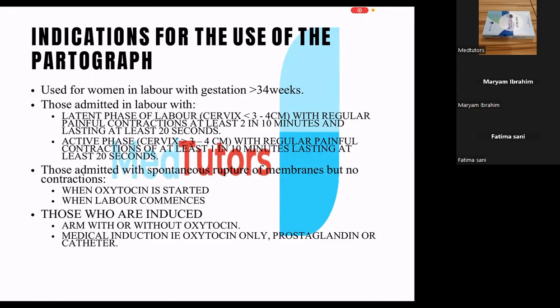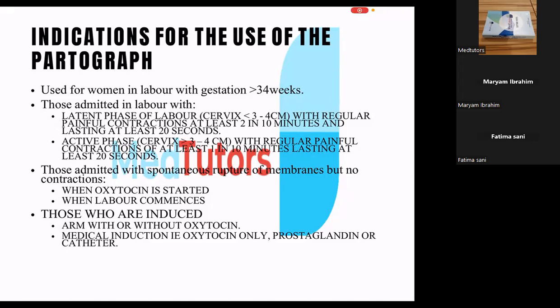Then for women who are admitted in labor with one of the following, either she presents to you in latent phase of labor because you did vaginal examination and the cervical dilatation is less than 3 to 4 centimeters, but she's having regular painful contractions. You calculated at least 2 in 10 minutes, and they are lasting at least 20 seconds. So if she's having these painful uterine contractions, you can open a Partograph for her, but advisably, you should wait for her to enter the active phase of labor.